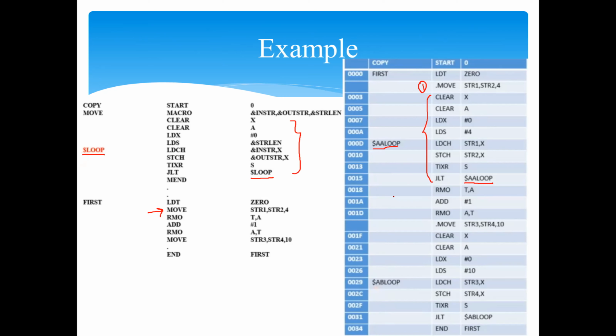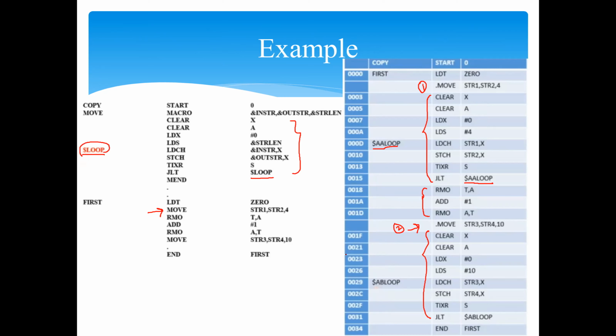Now again you have the next statements following, which is followed by another macro invocation. So this is the second macro invocation, and it will be replaced with the body of the macro. So again you have the loop variable coming.